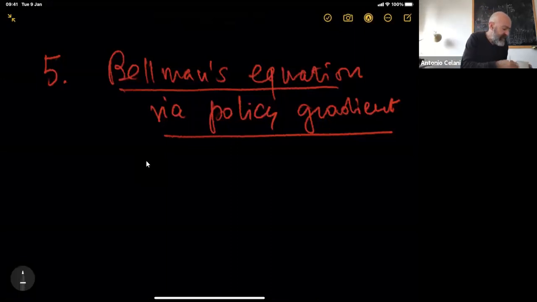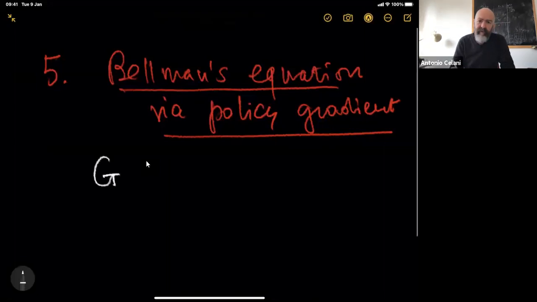Okay, so let's start all over again from the beginning. The goal is to find the best policy, which is a collection of probability distributions over actions given states.